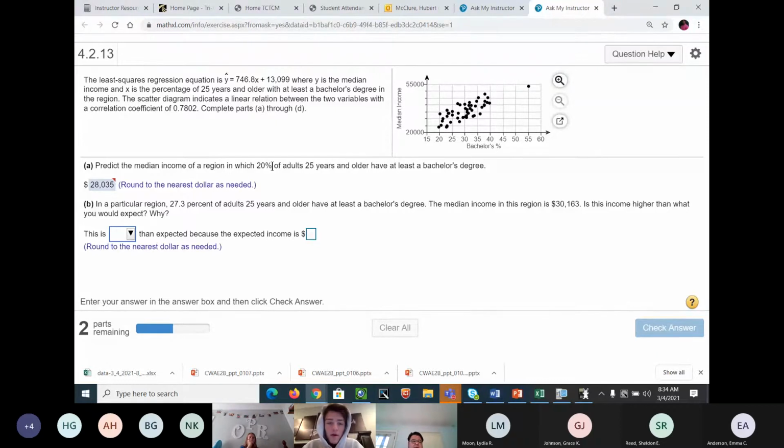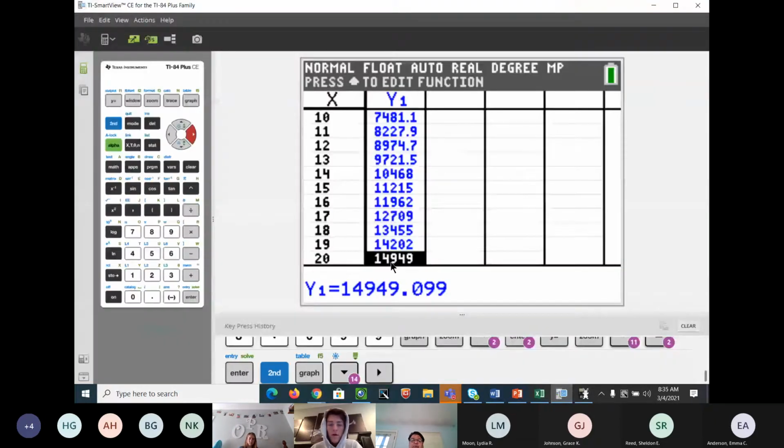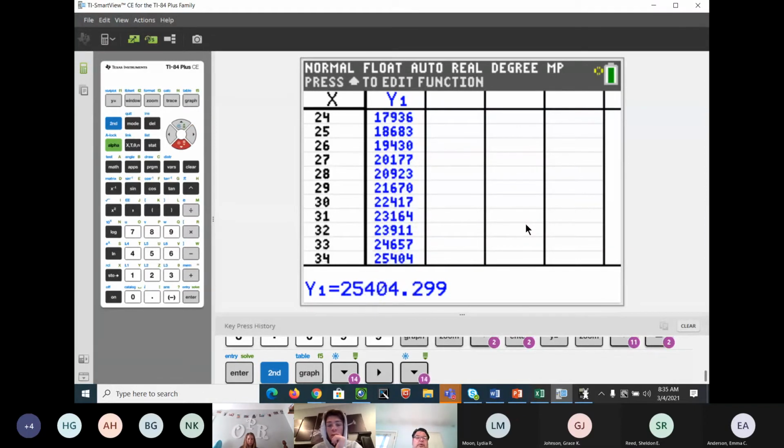So this one I got wrong as well. I had to actually put 20 in for X, not 0.2. X was already percent based. The calculator just told me what 20 was, and that's wrong according to them. That's what I'm trying to figure out. I don't understand how they got that. Because they say 20 what?